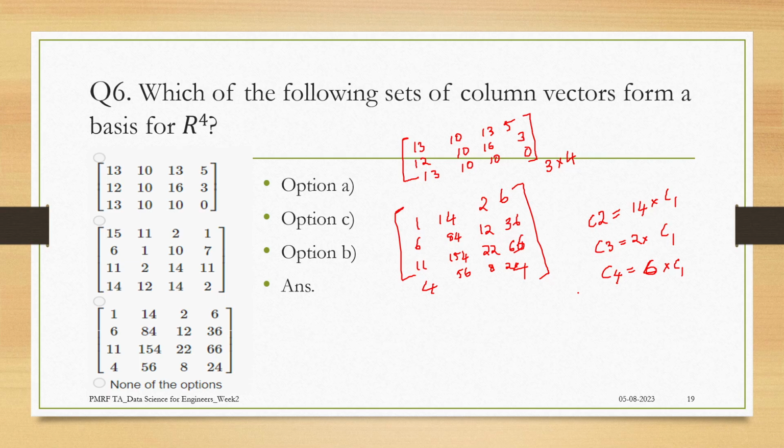Okay, that is also not true. Then look at option B. Option B is 15, 11, 2, 1, 6, 1, 10, 7, 11, 2, 14, 11, and 14, 12, 14, 2. How is this one?